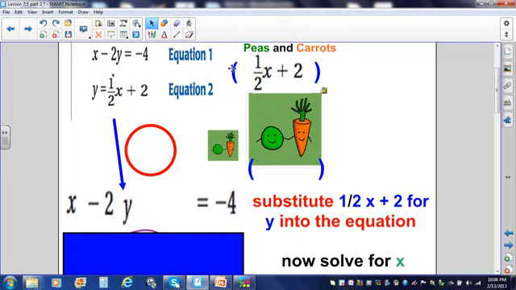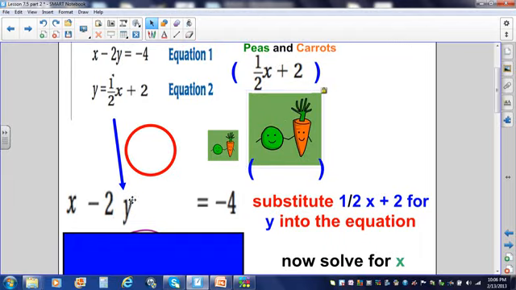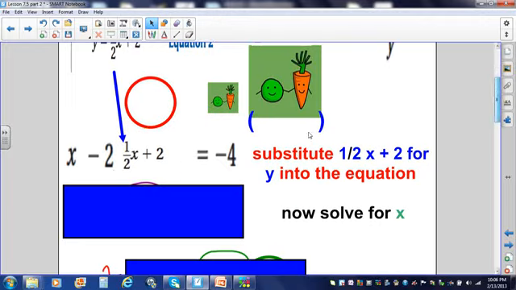They travel together, so we're going to put parentheses around them. It's a quantity. We take out the y and put in the 1/2 x plus 2.